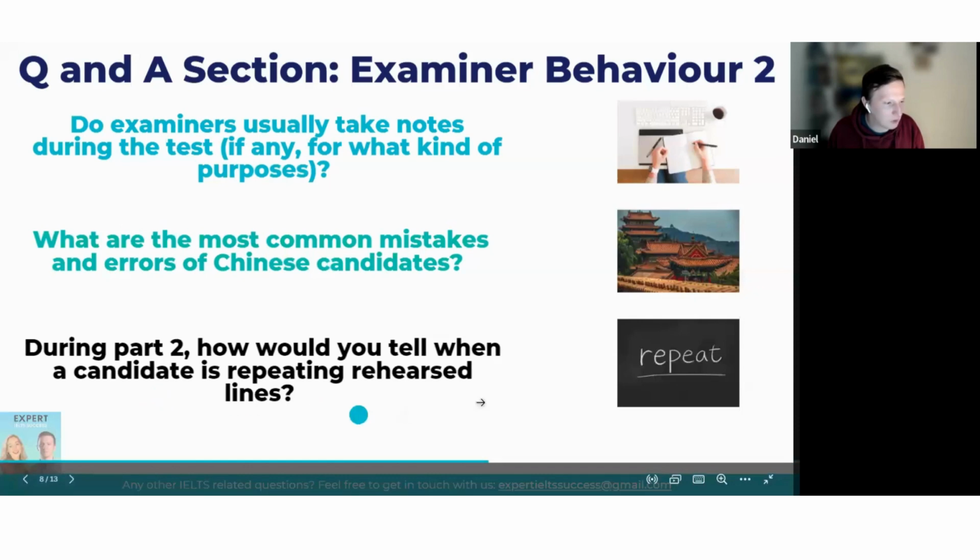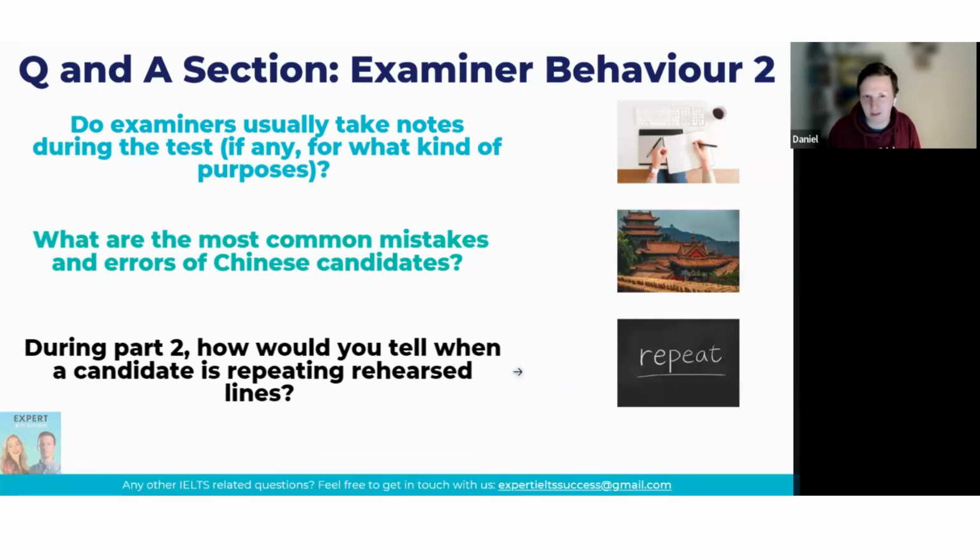Okay, during part 2, how would you tell when a candidate is repeating rehearsed lines? And does it even matter if they're repeating rehearsed lines, Claudia? Yeah, it matters. An examiner can tell immediately, because it sounds robotic, and their fluency will be affected.